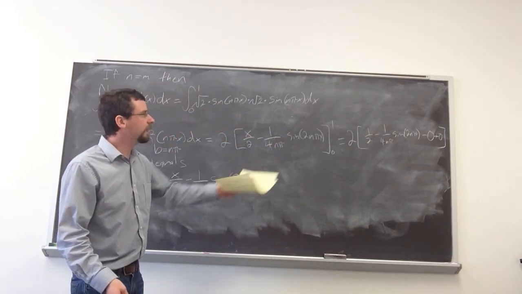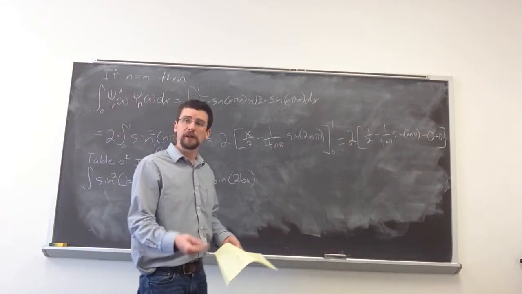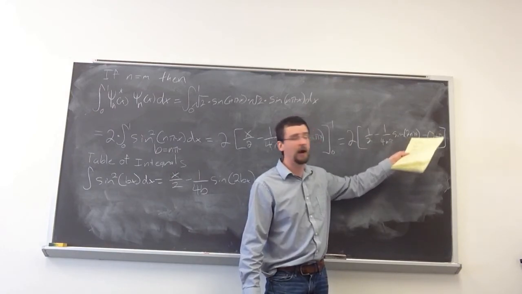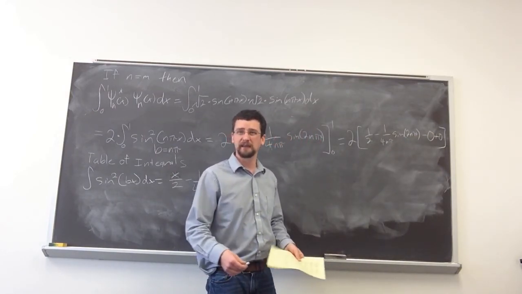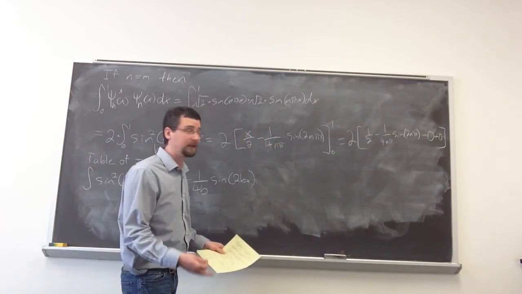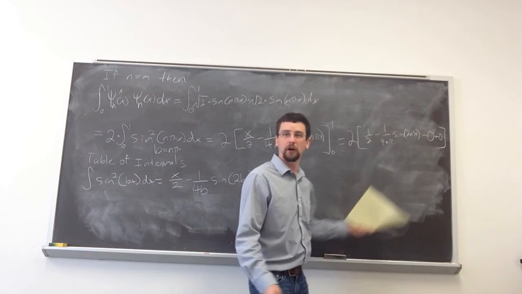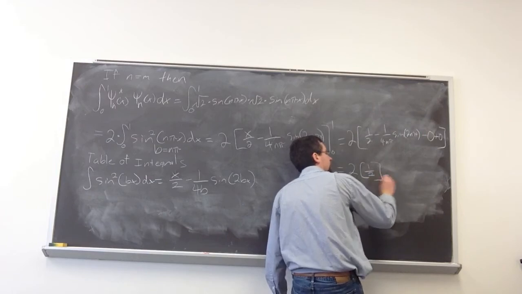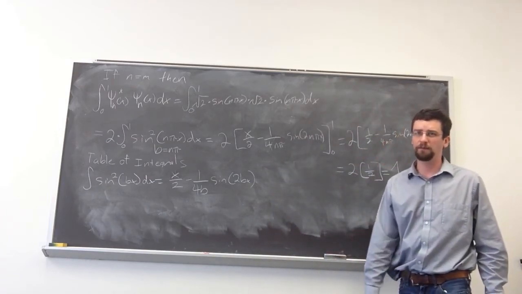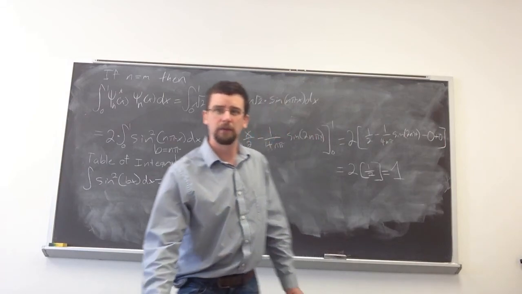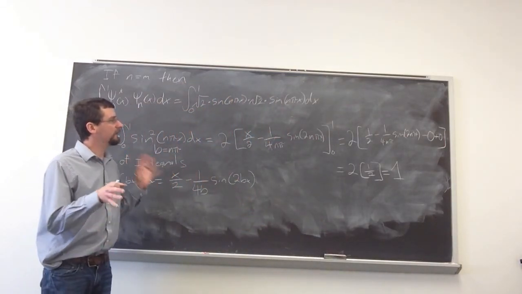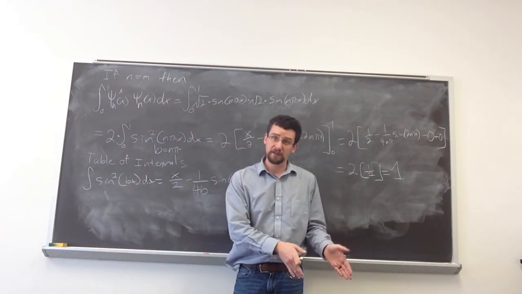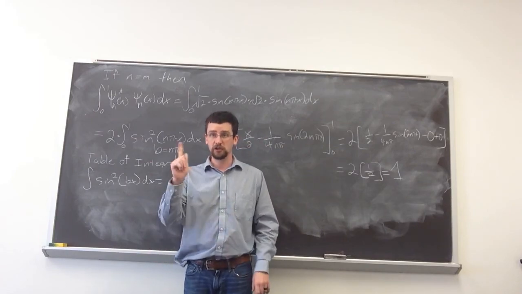But again, for any whole number that you put in for n, you're still going to result in a sine function that results in a 0 value. So this term actually becomes 0. So what we're left with is 2 times 1/2, which is, of course, 1. So we've shown that when a function is normalized and orthogonal, if they're differing functions, the result will be 0. If they're the same function, the result will just be 1.